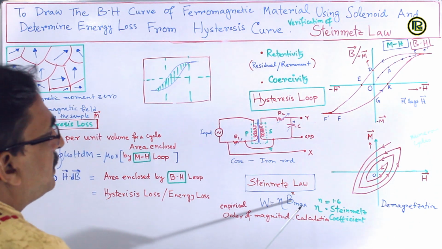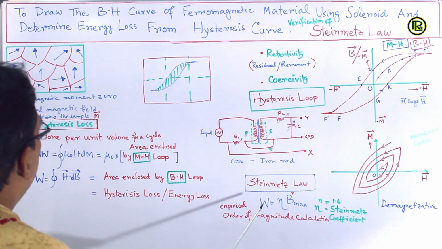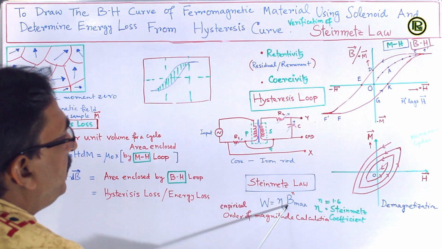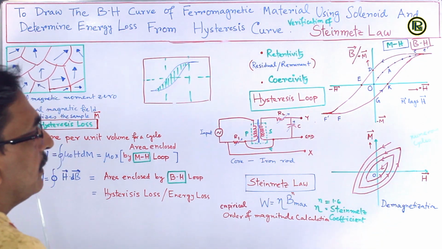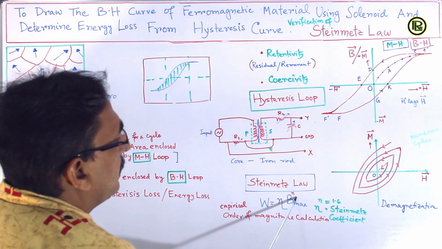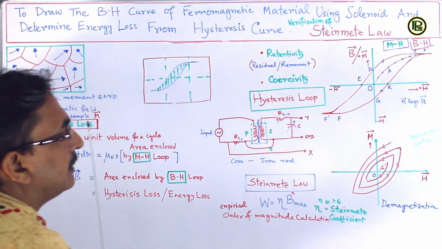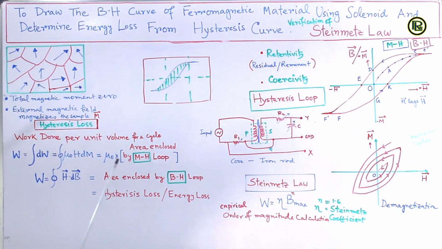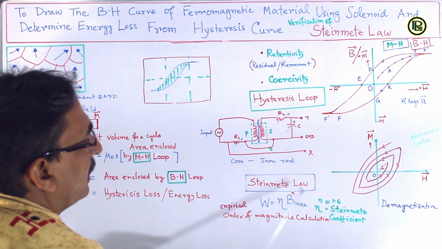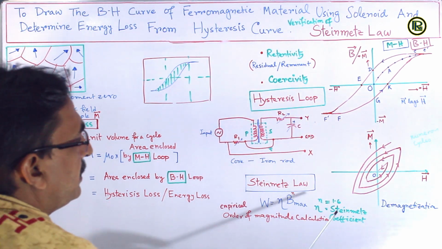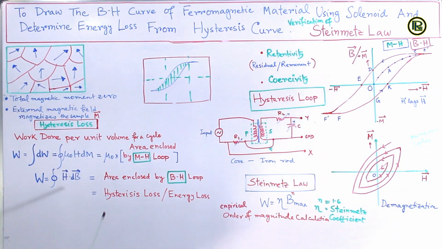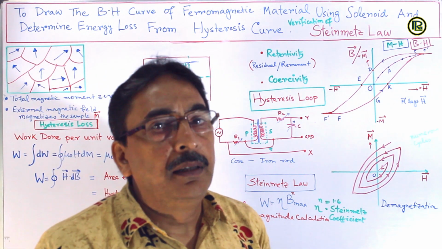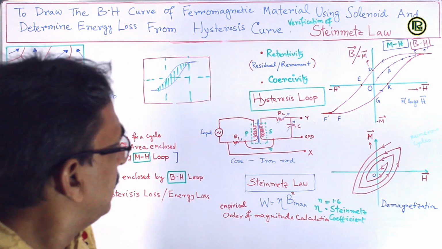The law is the following: the work done or hysteresis loss W is equal to eta B max to the power n, where n is generally taken for all samples as 1.6. It's a constant, and eta is called the Steinmetz coefficient. It depends upon the sample or the substance used for the hysteresis loss experiment.